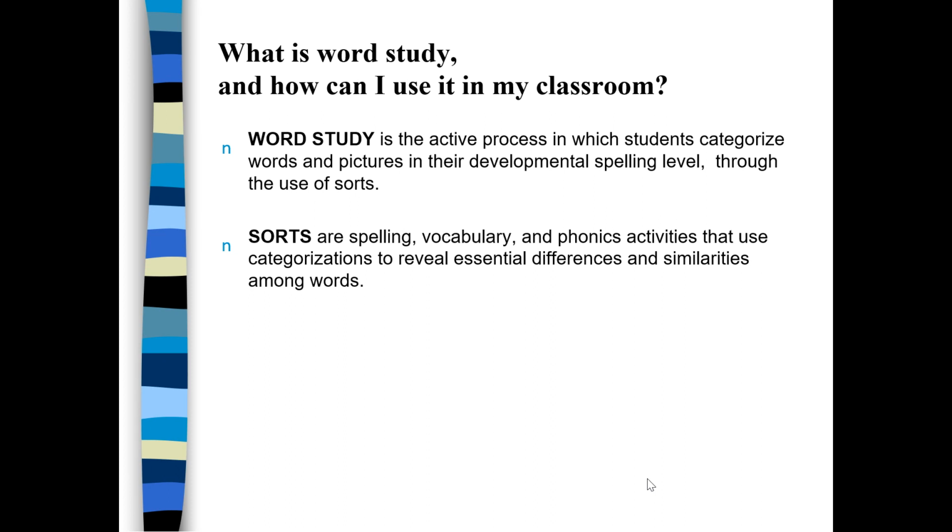In a sort, you have students organizing information into different categories, looking at whether they're similar to or different from particular categories. For example, my example earlier with the at word family, you might have a word card with the at word family and a bunch of letters, and you want the student to put the correct letter in front of that word family to create a word. That's a word sort.